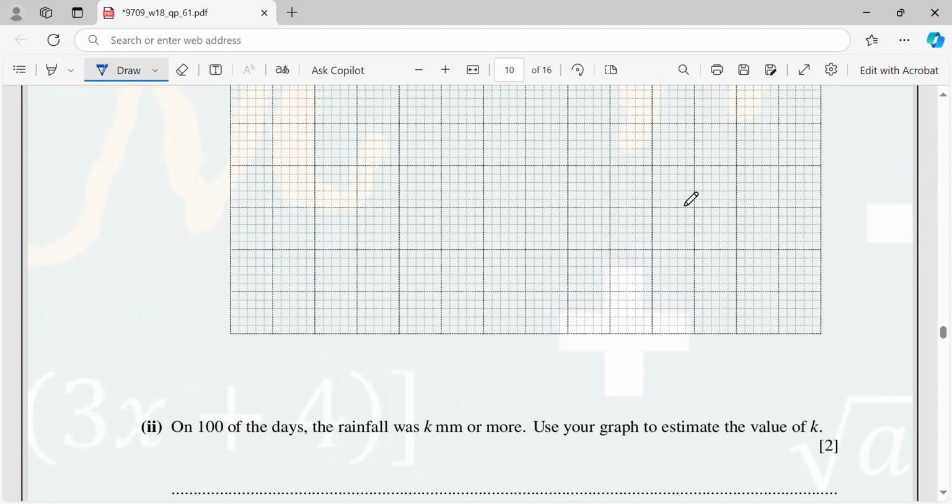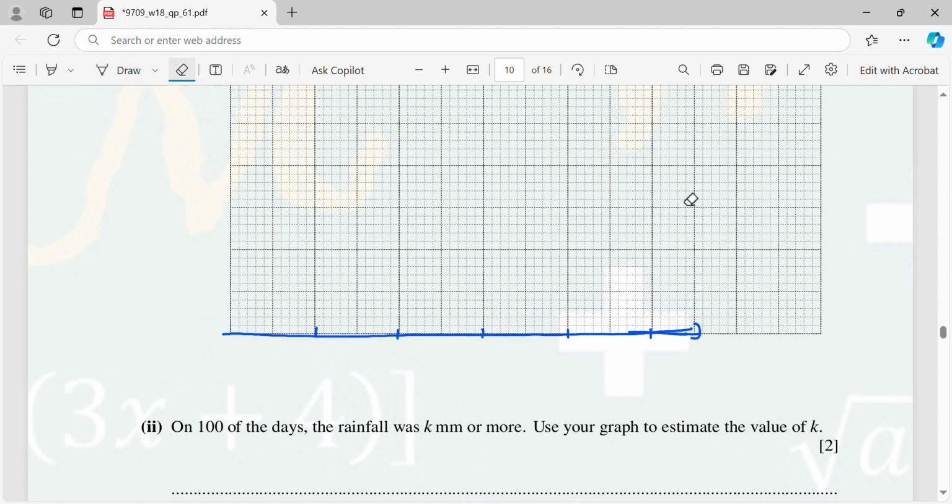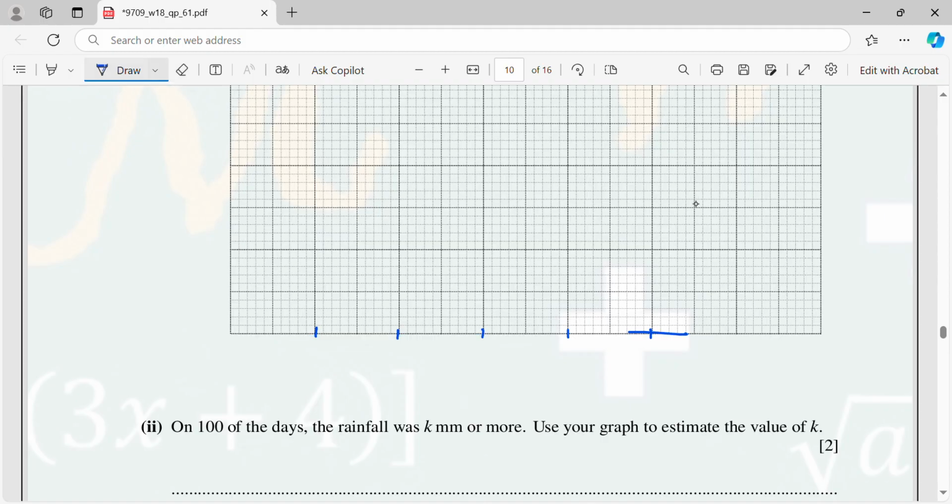So now I check first. 20, 40, 60, 80, 100. Okay, so right, this is 0.